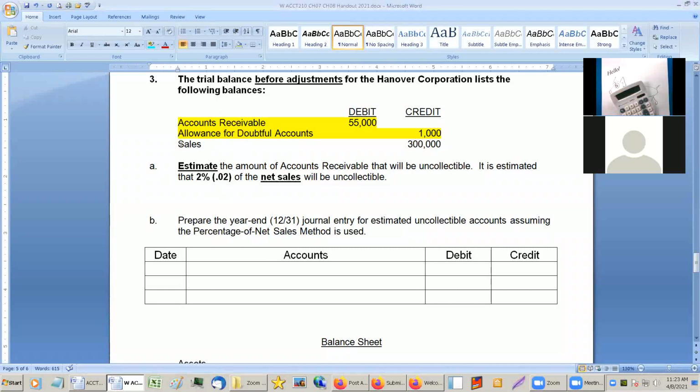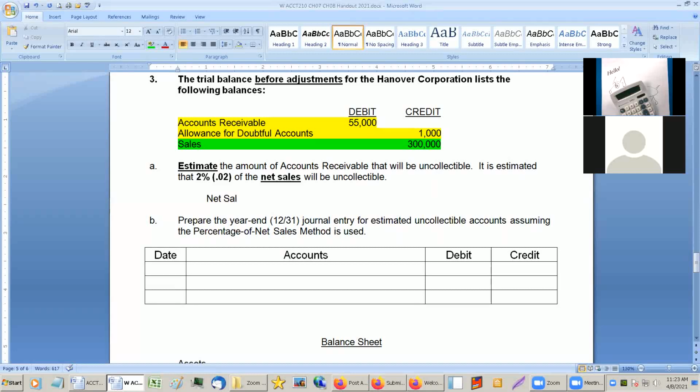So 2% of the sales, and here's the sales. $60,000. Close. I think it's 6,000. Let's see, the sales are. Yeah, 6. I'm sorry, I was putting 2%. But that's exactly how you do it.